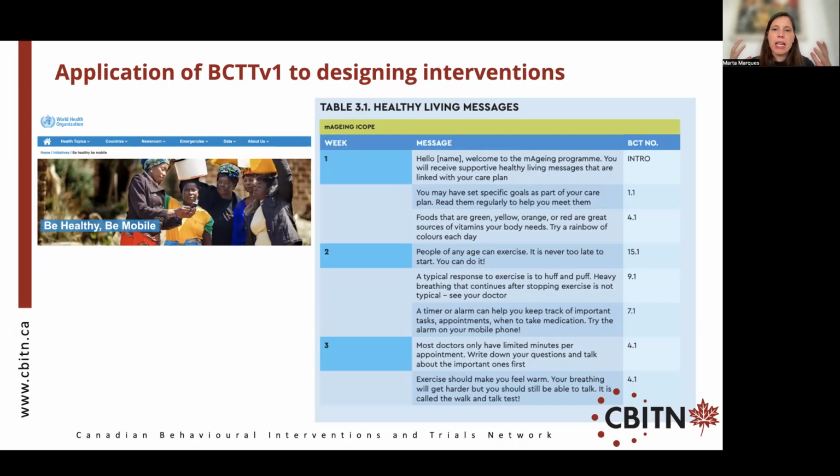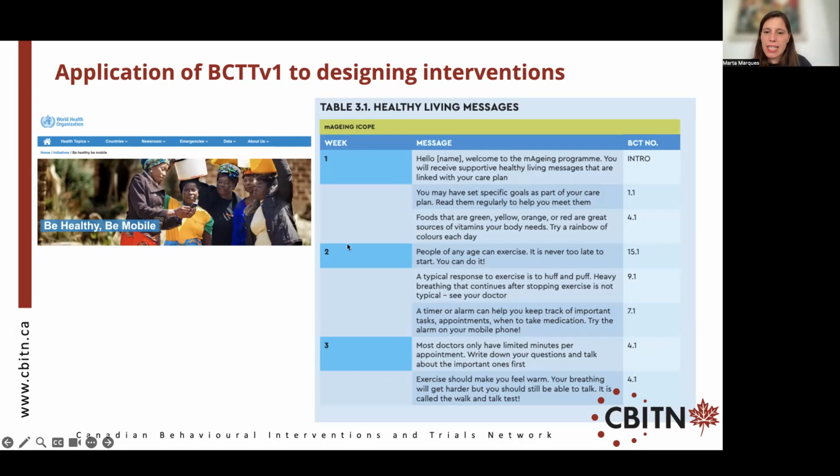And they develop these handbooks with a bank of messages that can be used in local, regional, and national programs to target those behaviors. And these messages are informed by the COM-B model and by theories of change. And this is just an example of one of the handbooks that is a program on aging, so healthy aging. And if you look at the example, this is just a screenshot from the bank of messages.